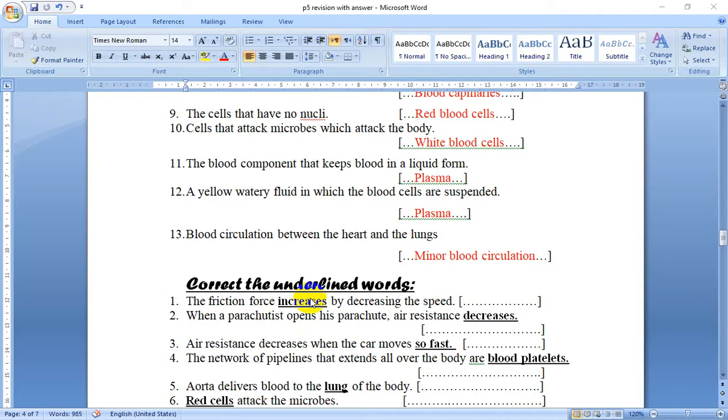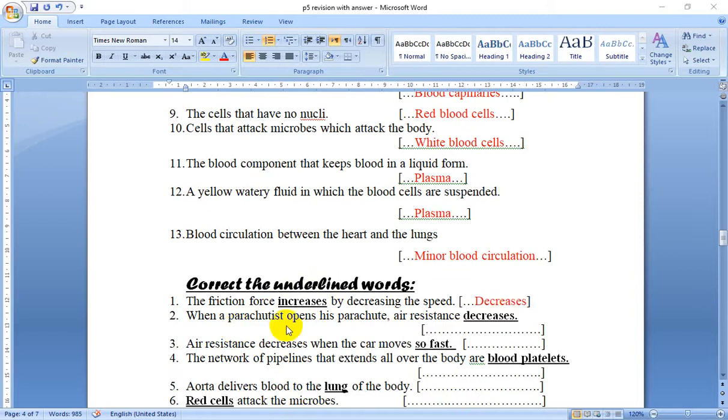That means when the friction force increases, the speed increases. When the friction force decreases, the speed decreases. This is a direct relationship. So the friction force decreases by decreasing the speed.